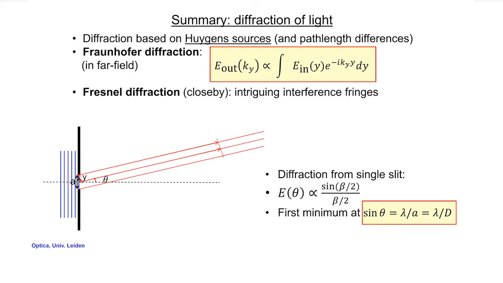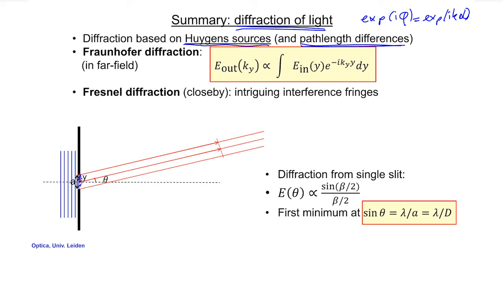Let's wrap it up and summarize the diffraction of light. We considered the diffraction of light behind slits and circular apertures, and we calculated diffraction by dividing the light source in terms of a series of Huygens sources and taking into account the interference between these sources by looking in particular at their path length differences, because each source had a contribution of the form of a phasor, which you can rewrite in terms of a wave vector and a path length difference.